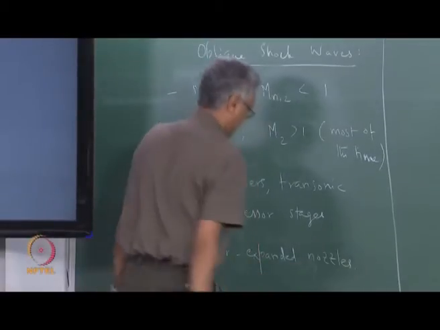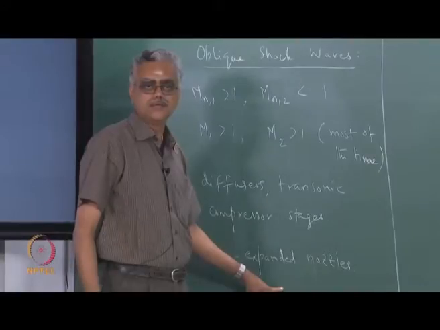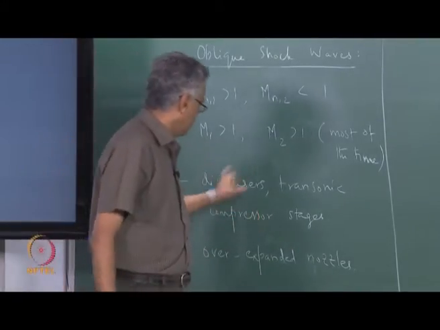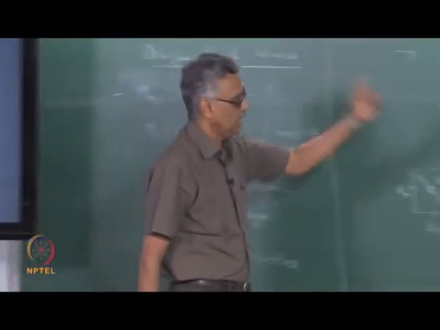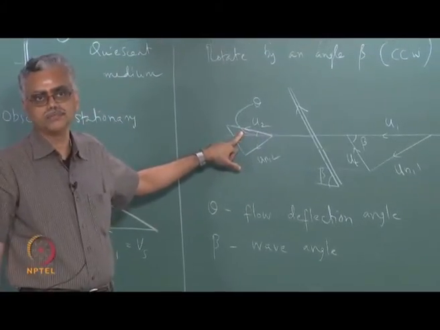So, here we do not really control the angle. It is determined by other fluid dynamic parameters. Here the geometry is designed to generate or trigger an oblique shock at a certain angle to accomplish a certain amount of flow deflection.